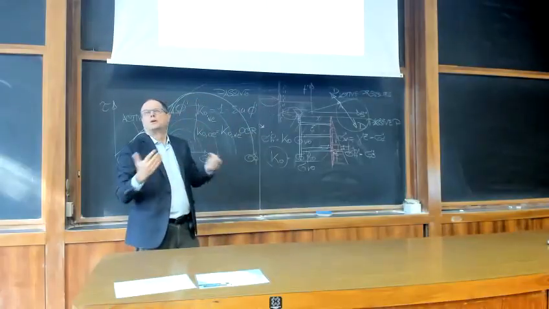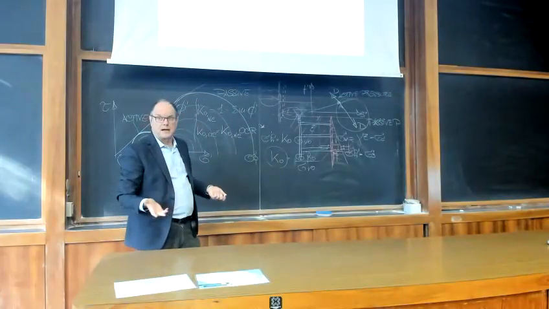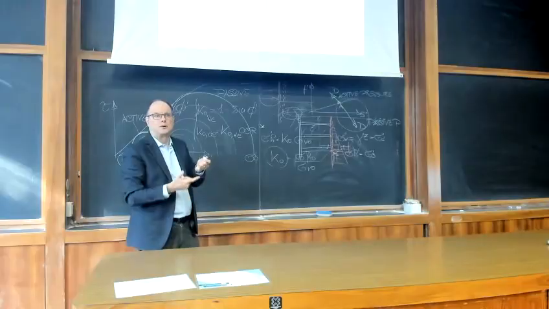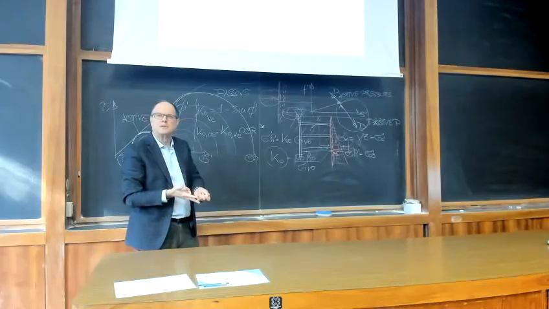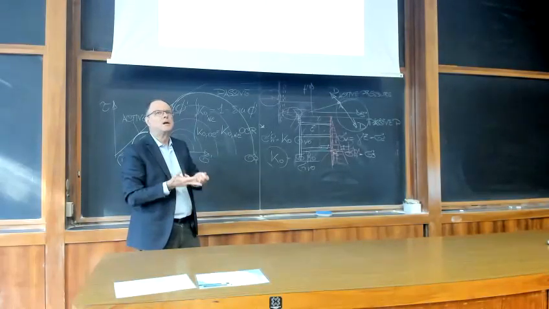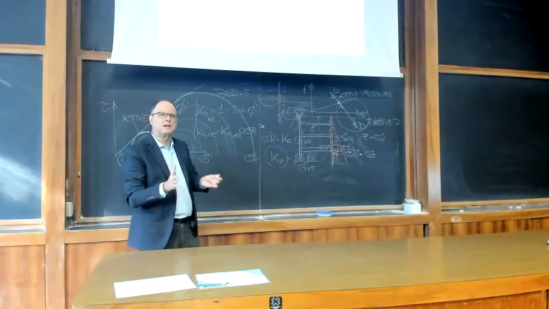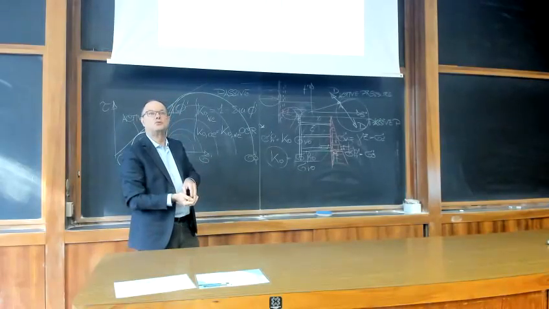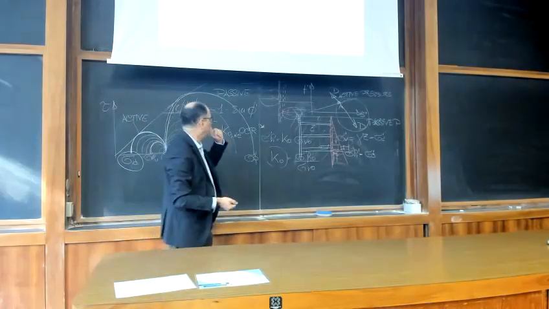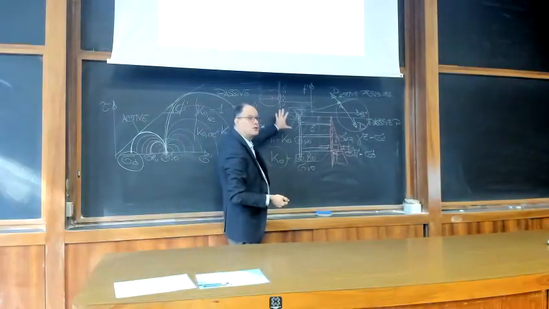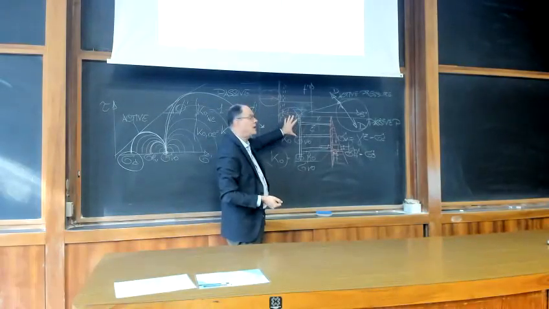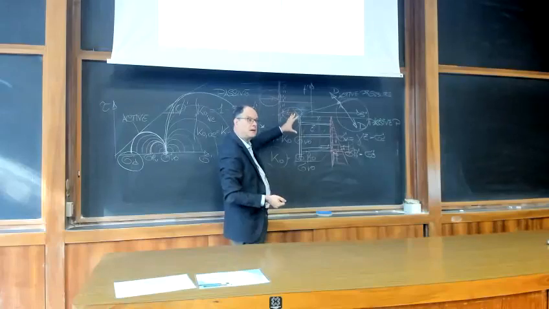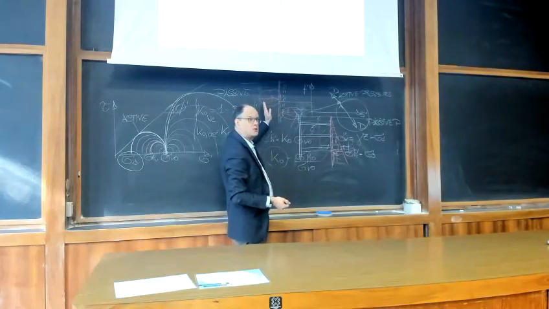Typically when you study a structure, you know the actions: you know the weight, you know the wind, you might take into account the seismic actions. In this case, the actions are determined by the interaction between the structure and the soil.